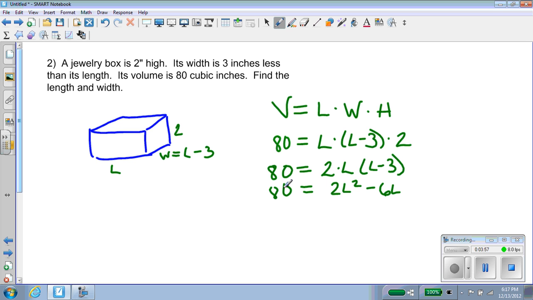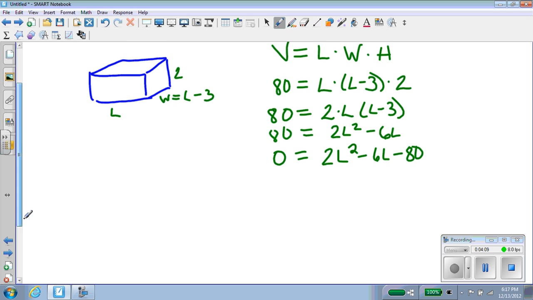Oh dear. I'm going to subtract the 80 and put my 0 over here. So 0 equals 2L squared minus 6L minus 80. Common factor of 2: 2 times L squared minus 3L minus 40.